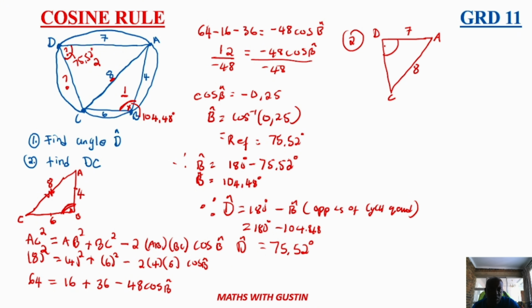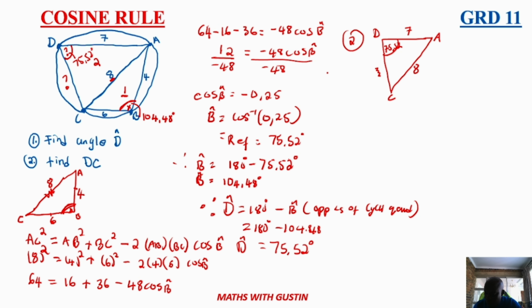This angle we just calculated is 75.52, and then we are looking for DC. So in this case, guys, you can see that we can apply the cosine rule. All right, let's come here and see what we can do. What are we looking for? We are looking for this side here.